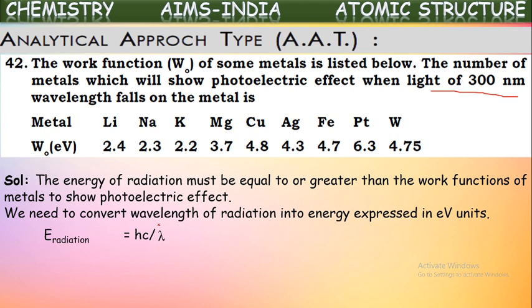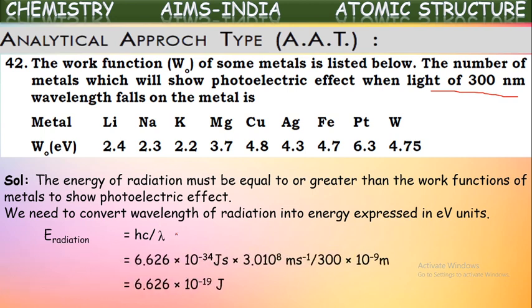Since h and c are constants, their values are known, with c = 3 × 10^8 meters per second. If you calculate this, we get 6.626 × 10^-19 joules. This is the energy of the radiation.